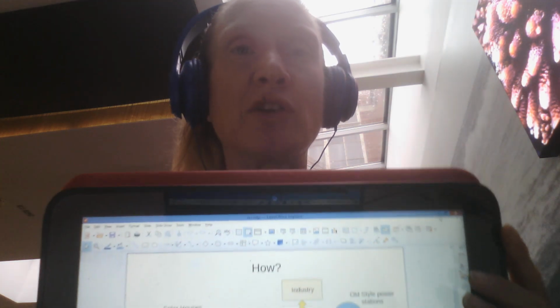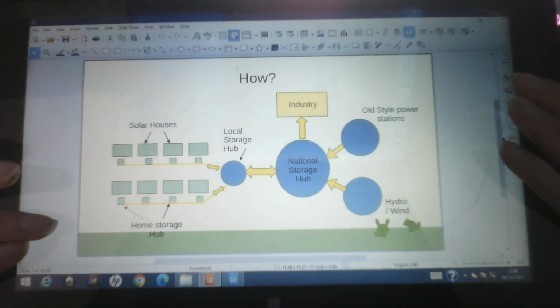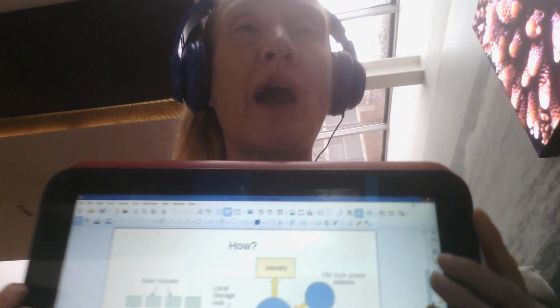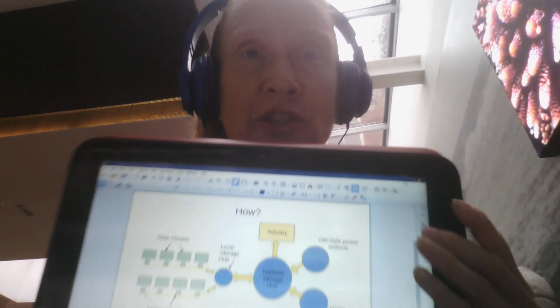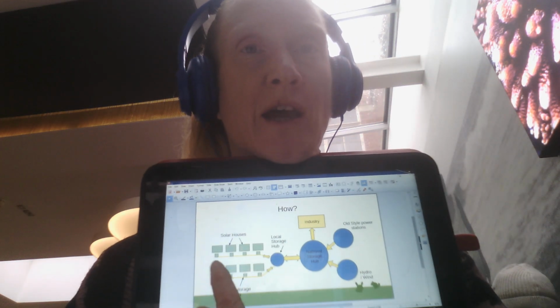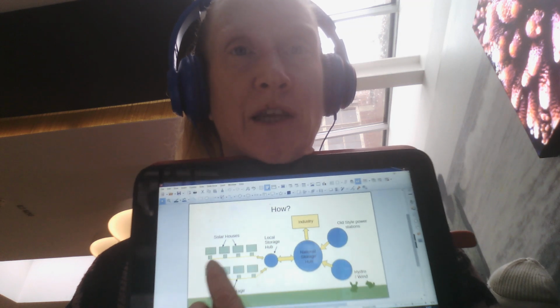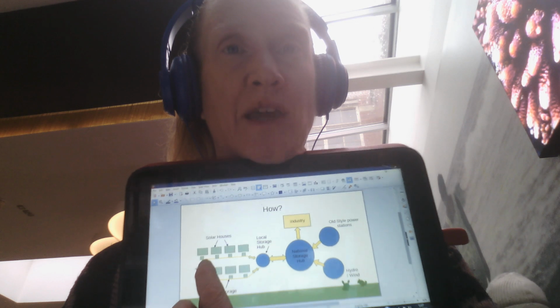So essentially, if you look at the schematic, what you have are certain houses. These are houses, and these are the storage units that store the energy that comes from the houses.